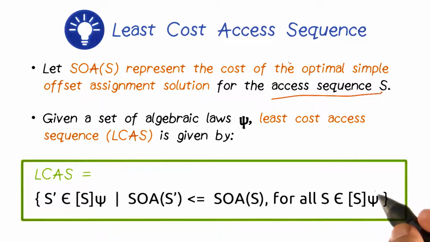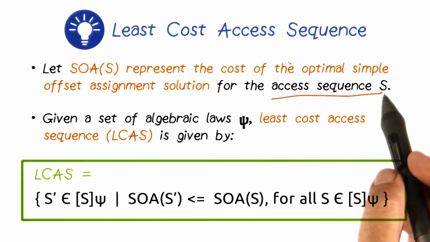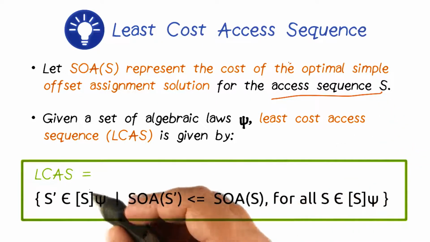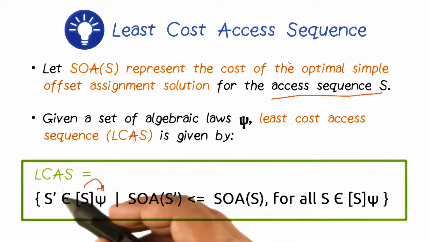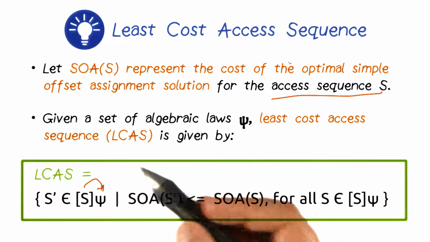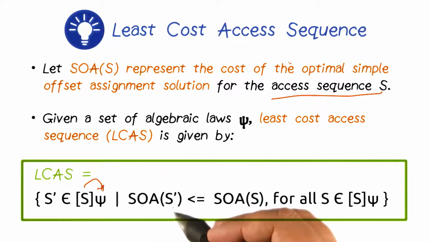So let us understand what is going on here. The original access sequence, the best of the original access sequence is S. What we have done is we have applied algebra psi on it, and we have generated a new access sequence S dash. Now again, using MWPC, we find its best cost.